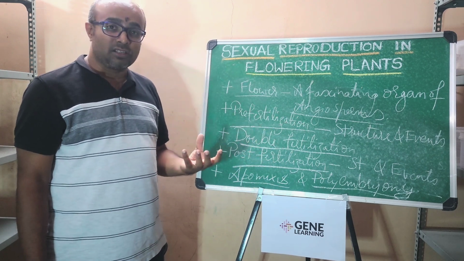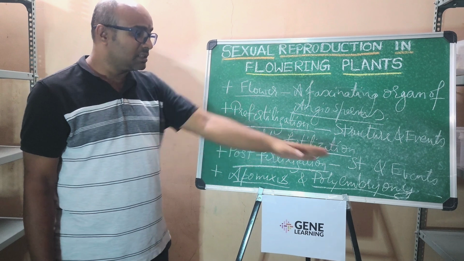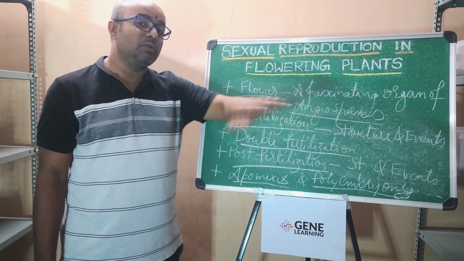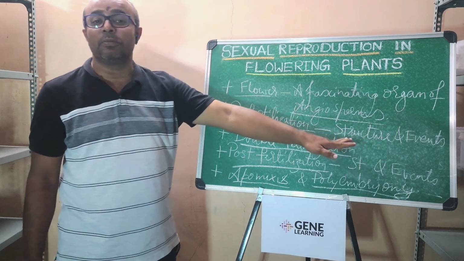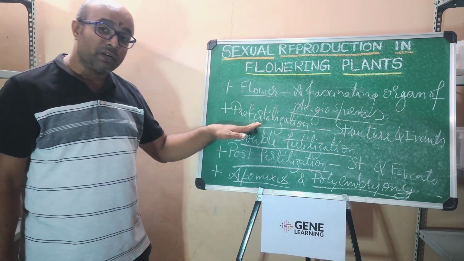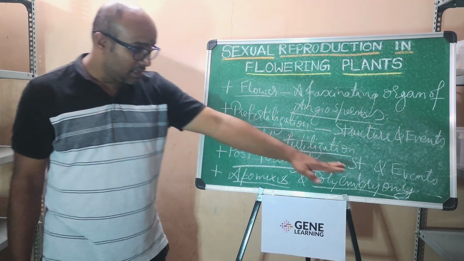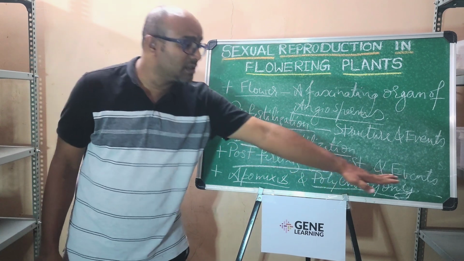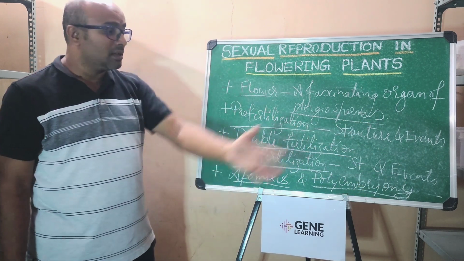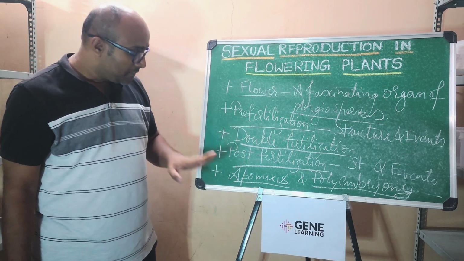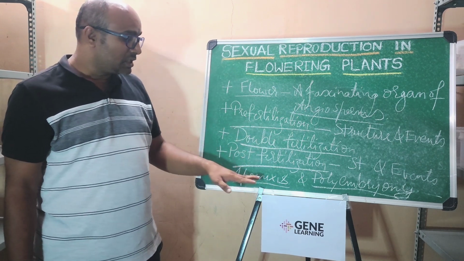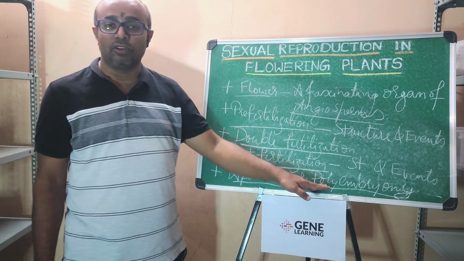There are changes in these structures, and the events involved in these changes are like the events which unfolded for the formation of the structures before fertilization. The same structures get changed and events follow later on. Finally, we come to apomixis and polyembryony.